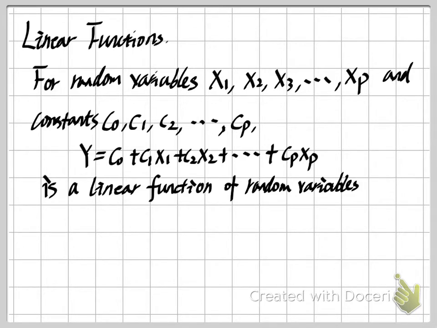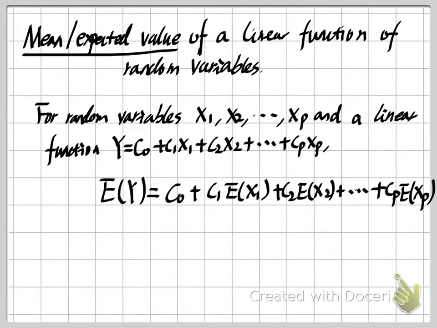Now if we have this new random variable defined by this linear function as y, and we want to compute the mean and variance of this y, then we can use the properties of mean and variance.